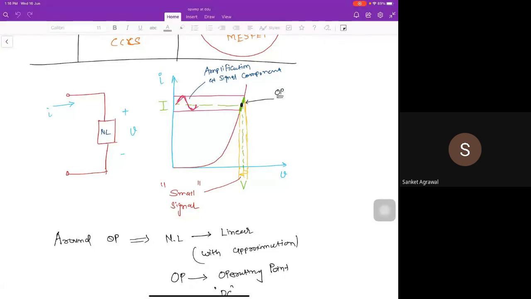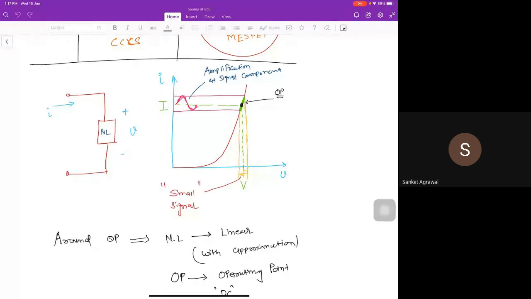So for simplicity, even though there is a non-linear device, we convert it into a linear approximation, and then with linear tools like differential equations and Laplace transforms, we derive the expression, solve it, and come to the conclusion. That is the method we generally follow.